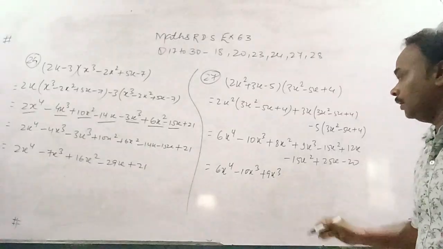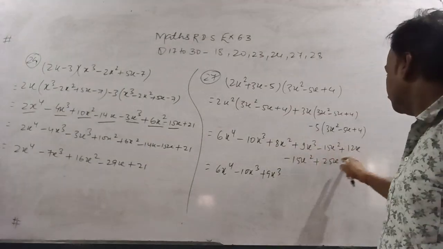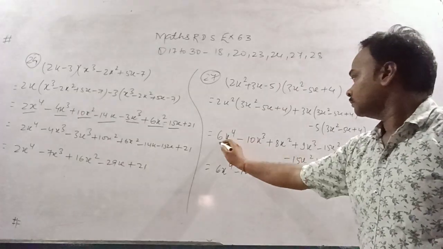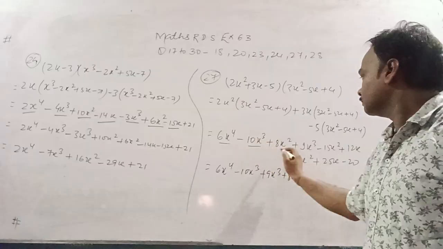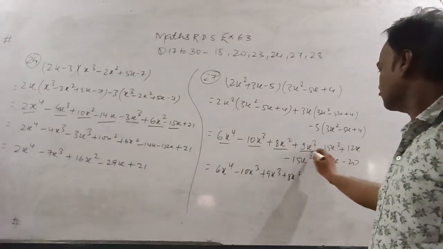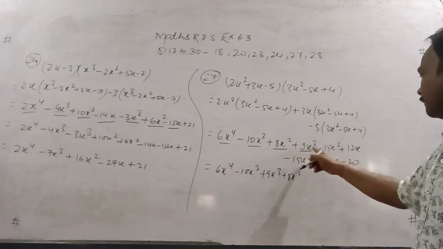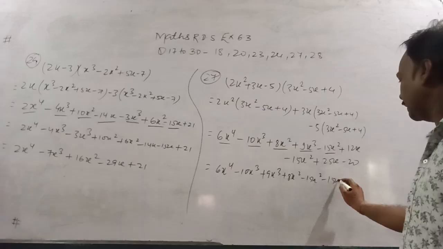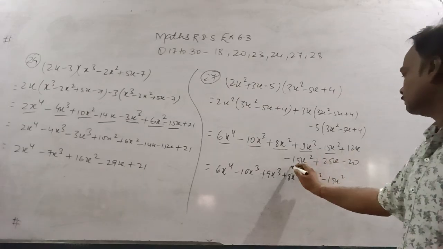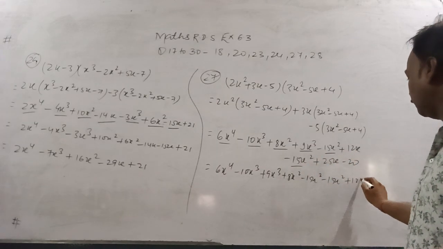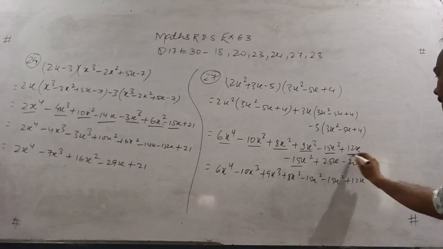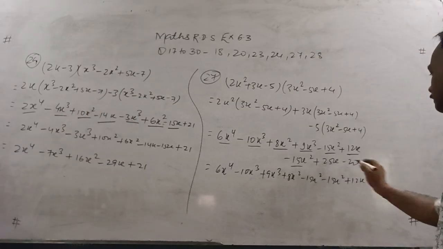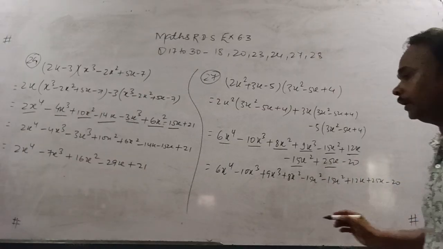After adding, we have minus 10x cube plus 9x cube, then 8x square minus 15x square minus 15x square, and then the terms of x, 12x plus 25x, minus 20.